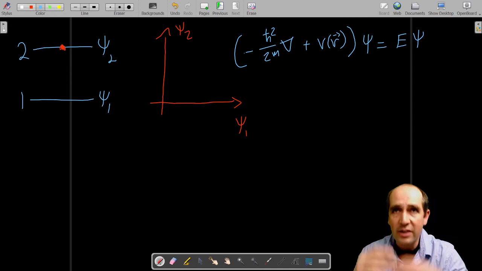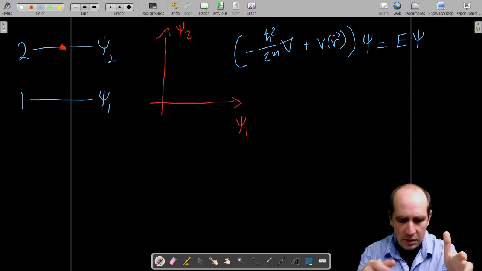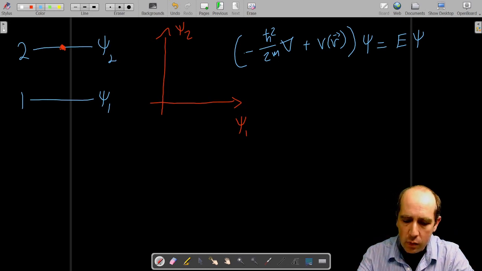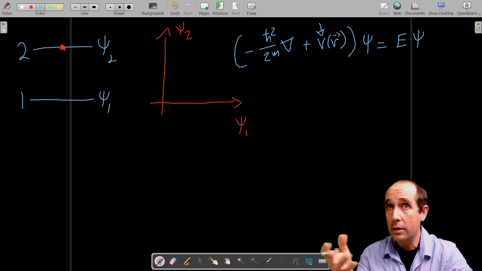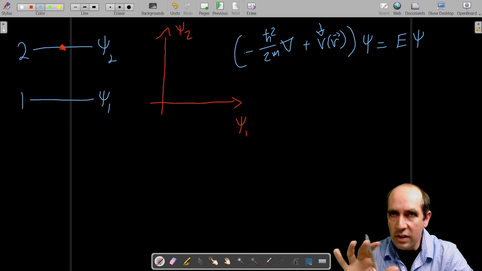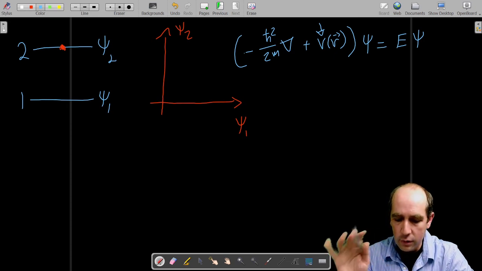Whatever the potential we were using, this system can be an atom, let's say it's a hydrogen atom, for example. We will have to put here the potential that corresponds to the Coulombic interaction between the nucleus and the electron, and we solve it and so on, and everything we have said again so far is true.